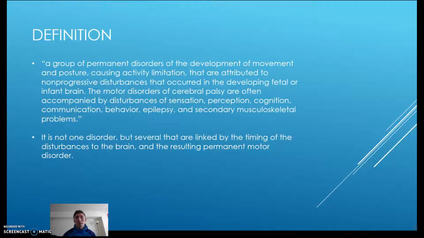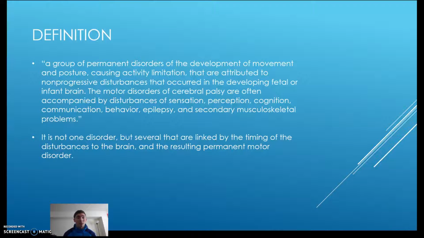So really, it's mainly an abnormality that may happen during brain development as a fetus, and it may also happen within the first couple years after birth due to a traumatic injury to the brain. And again, this injury or abnormal brain development affects many different health functions, and I will get into that later, of course.